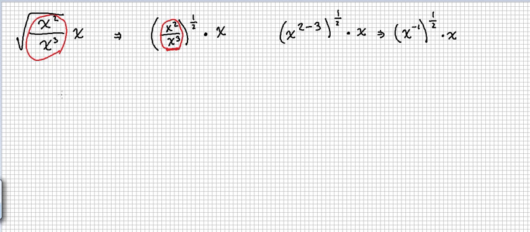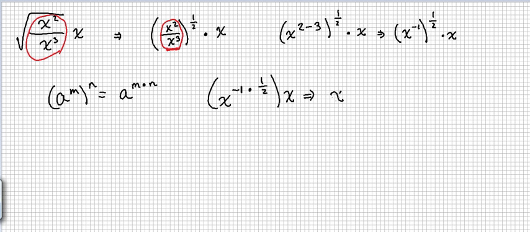From our exponent rules, if we have a to the m to the n, we multiply the exponents, so we'll have a to the m times n. Here it'll be x to the negative 1 times 1/2, times x. I'm going to put this in parentheses and drop the x next to it. So this will be x to the negative 1/2 times x.